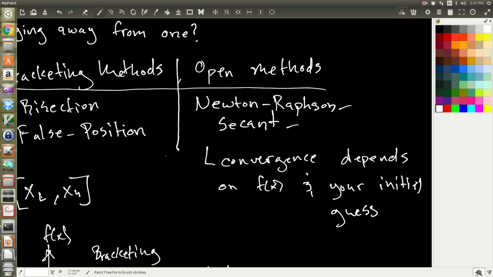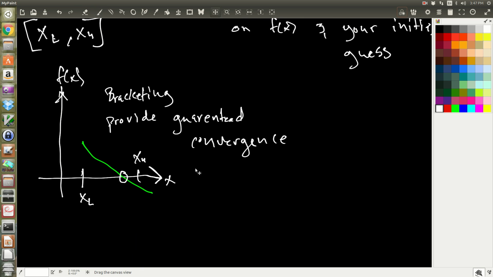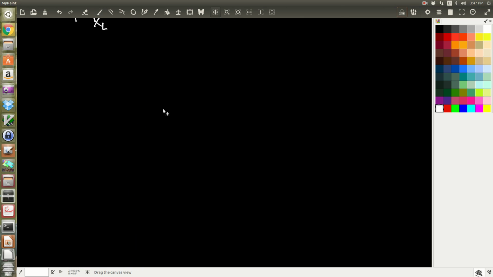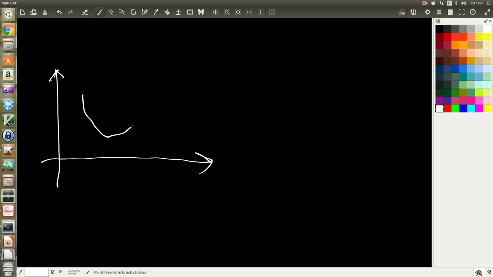So, for example, let's come down here and draw another little diagram. If I have some function, say it looks like this, okay, here's my root right here, where it crosses the x-axis.